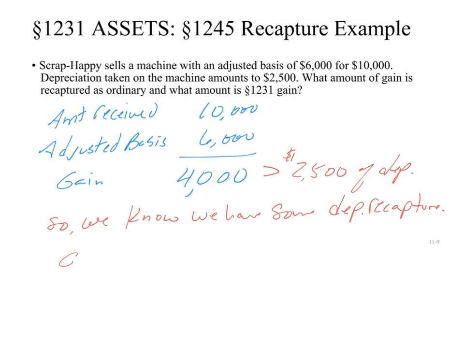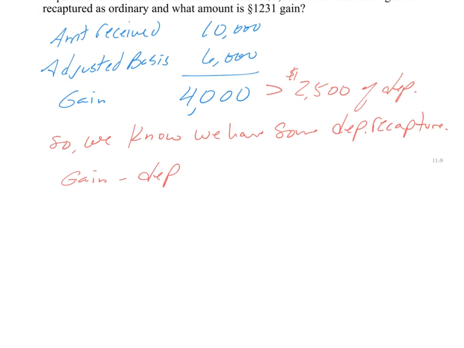Well, let's look at our gain minus depreciation. So our gain is $4,000 minus $2,500. This is our depreciation recapture.